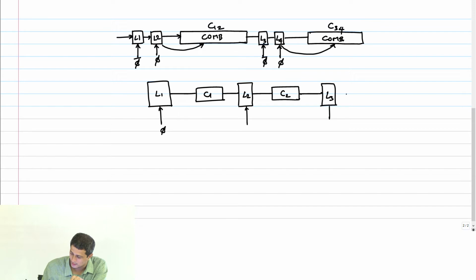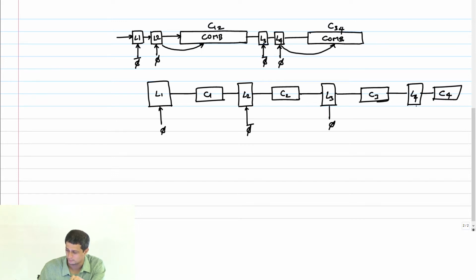L3, this is phi bar, phi. Then you get C3, L4 and C4. This is again phi bar.